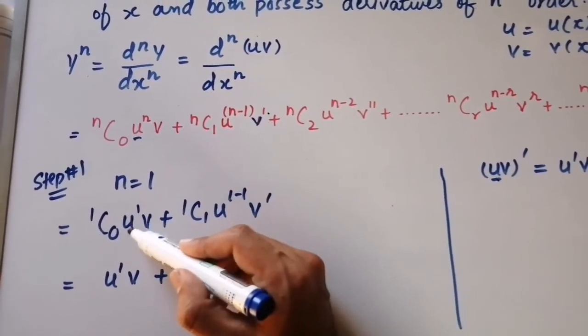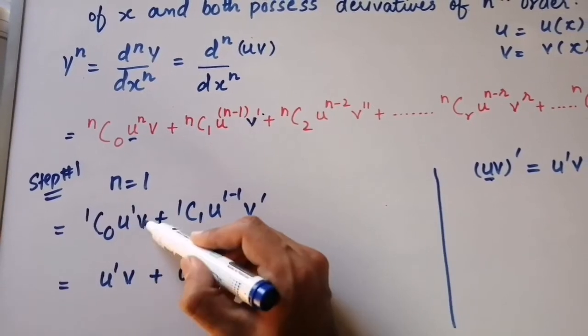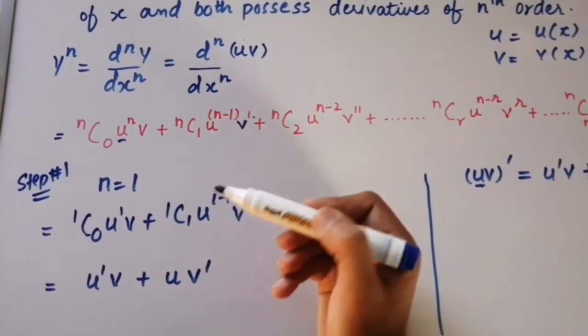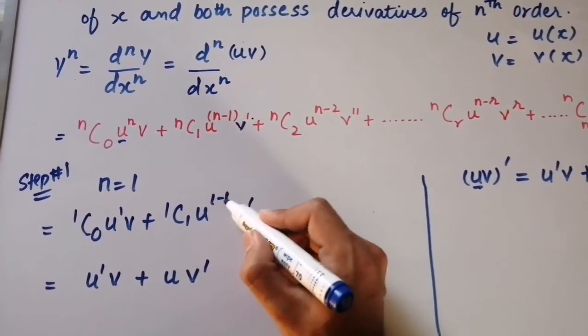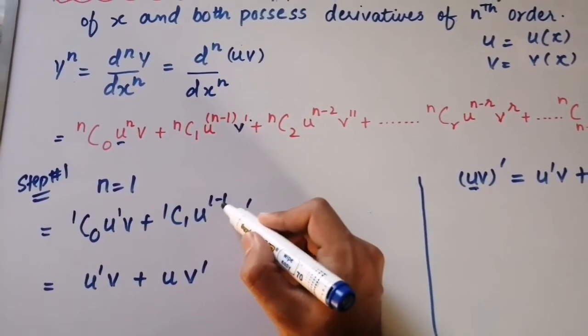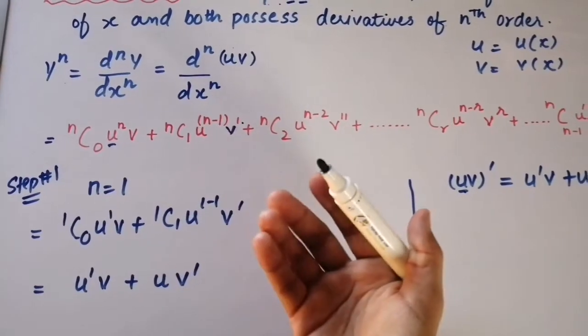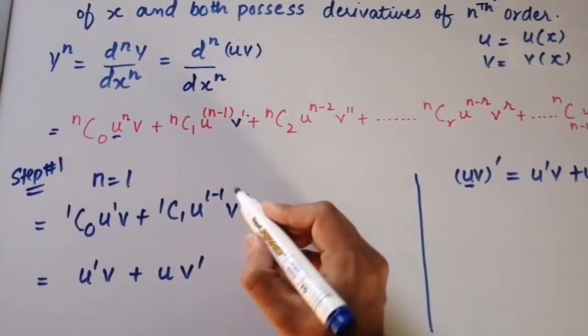The remaining will be u prime v plus 1C1, which is again 1, so it is not written here. u with 1 minus 1 is 0, and 0 means no derivative, so we go with the simple function u, no derivative, and v prime here.